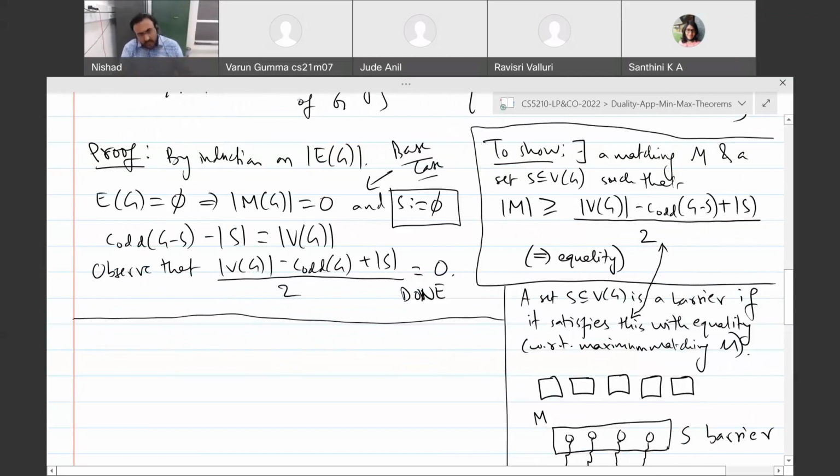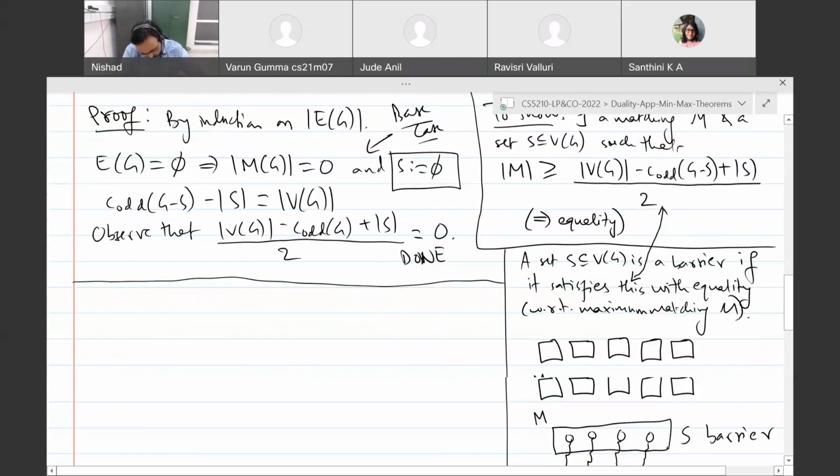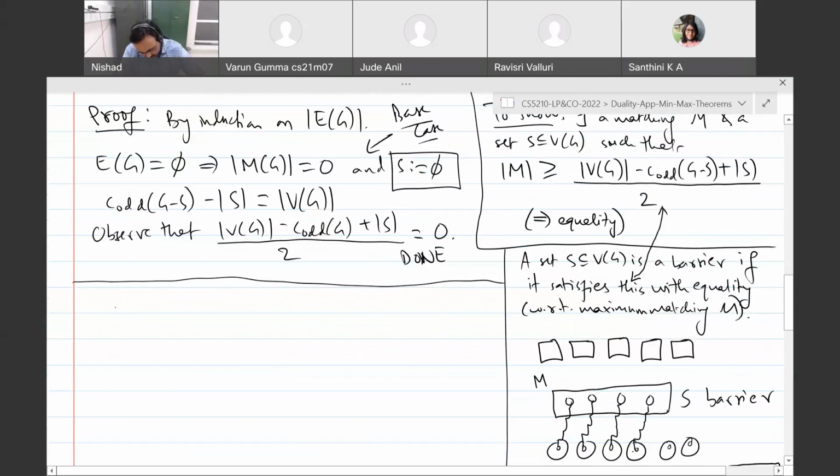And now let's consider our induction step. So now let us suppose that the graph has some edges. And let VW be any edge of the graph G. All right.